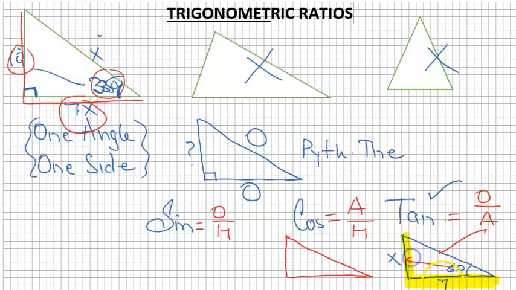This is opposite and this is adjacent. Now which side is adjacent? In a triangle, if this angle is 30, let's talk about it. The side touching this angle is adjacent. The side not touching this angle is opposite. So this is easy to identify.